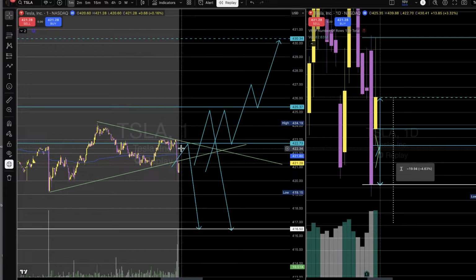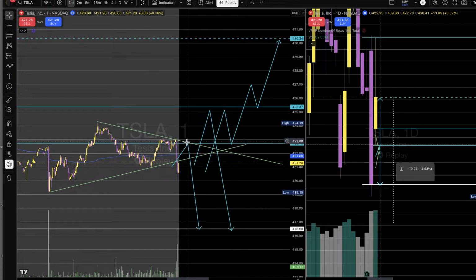Try it again. If it fails, I will need smaller size because the first entry is normal size. We close, so we don't lose that much right at the entry. We just lose on the slippage because I'm using market orders, and I'll lose a little bit of delta. And then the other one, I'll enter as soon as it reclaims the level.